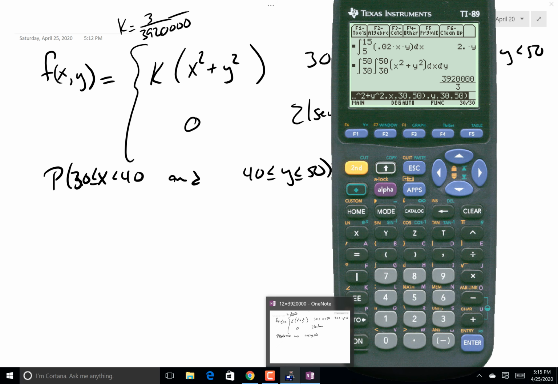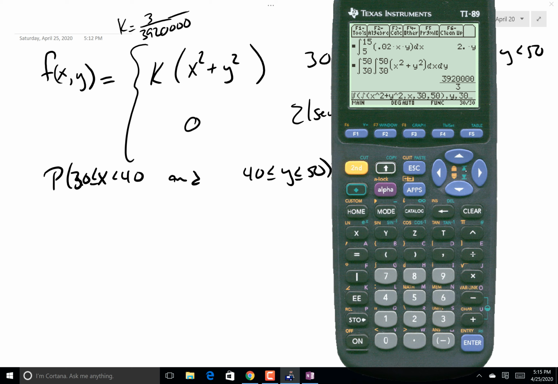So all I have to do is come in here and change a few things. Change my limits of integration from 30 to 40 and from 40 to 50 and hit enter. That's 1/4.